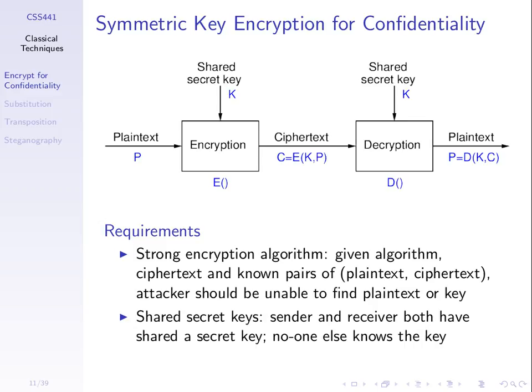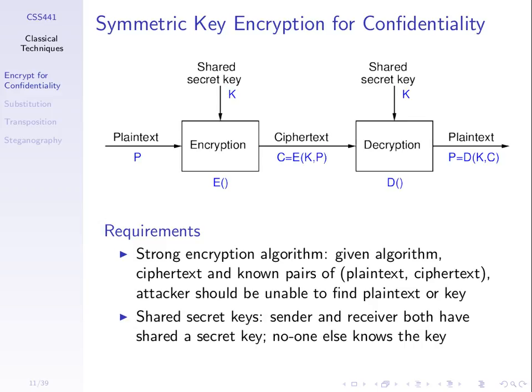For encryption to be used for confidentiality, we need strong algorithms. So what we're going to do is work through, starting from some very old and weak algorithms, but look at the principles they use to build the encryption algorithms and arrive eventually at some of the common techniques and algorithms used today. We need a strong algorithm so that the attacker, even if they have the ciphertext, cannot work backwards and find the plain text or find the key.